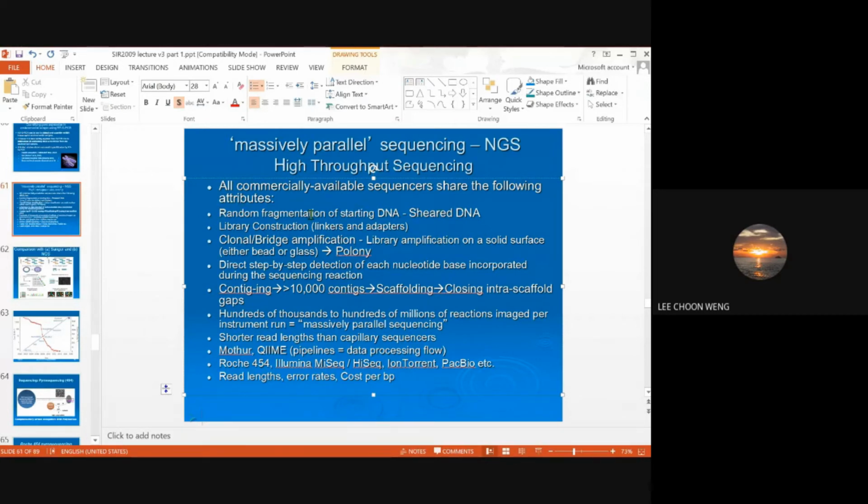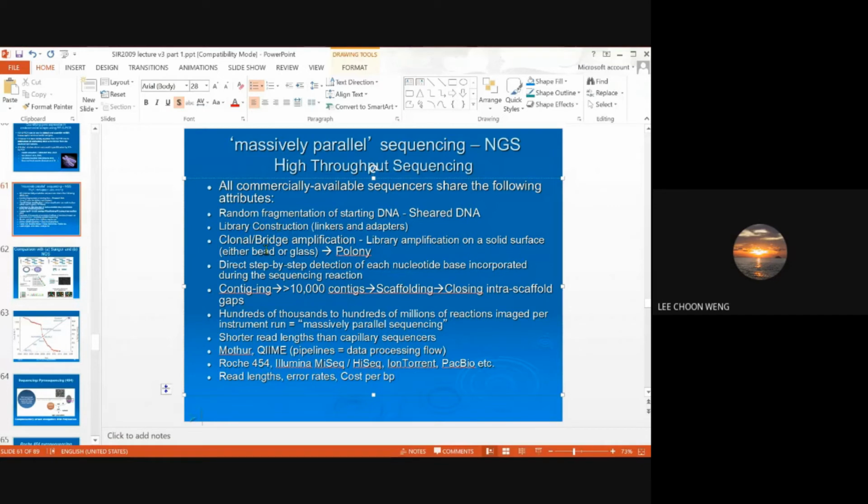Once you have your environmental DNA, there's random fragmentation of starting DNA. So they will shear the DNA. They need to shear it to suitable lengths because if it's too long, it will not work in these platforms. So they need to shear it to suitable lengths and then start the library construction.